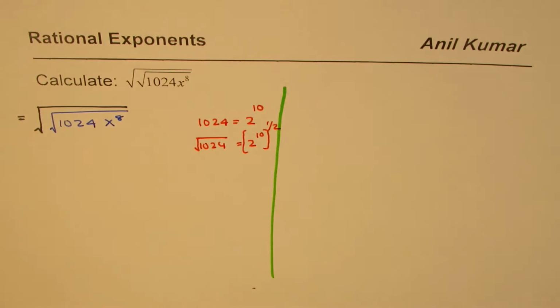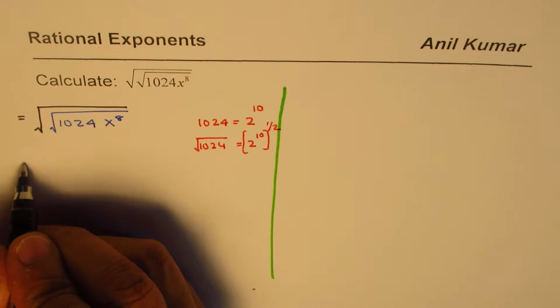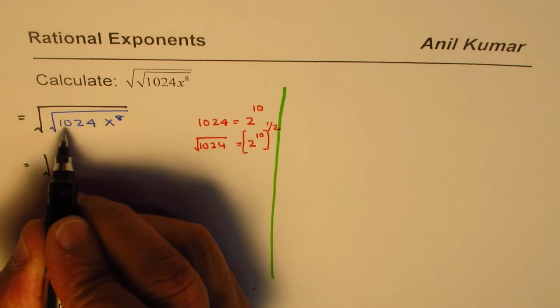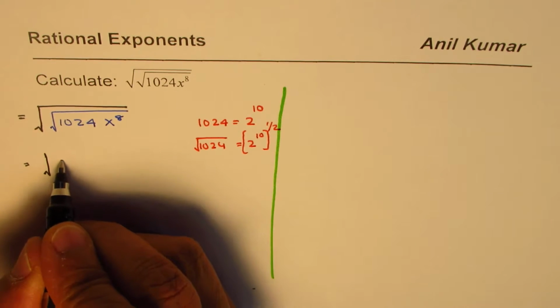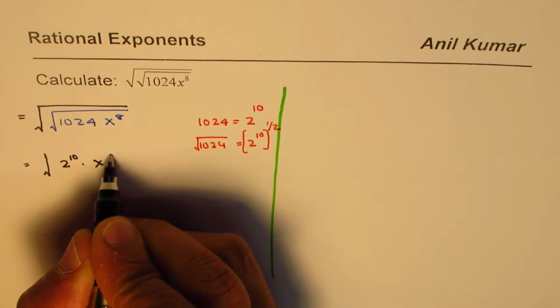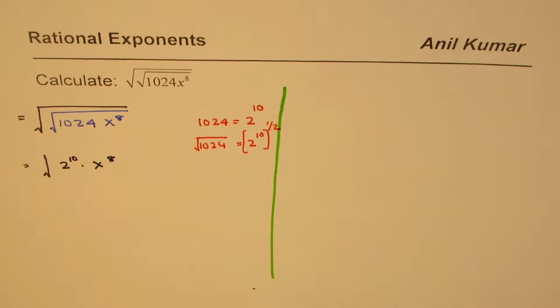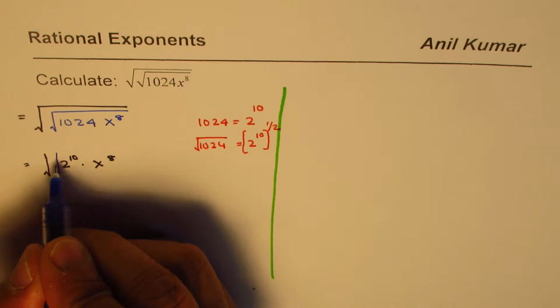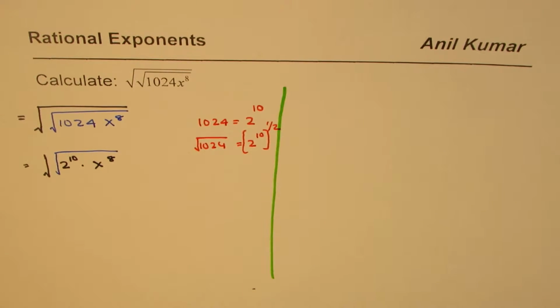Is that okay? So I could write this as the square root of 2 to the power of 10 times x to the power of 8, and this is the inner square root, and then we will do the outer square root.